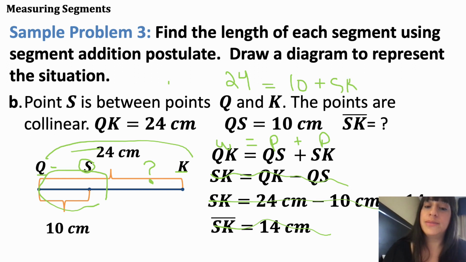And now this becomes an algebra problem, just like you learned last year in Algebra 1. To get the answer for SK, we would subtract 10 from both sides, and that's how we would come up with this answer here. Oops. The SK is equal to 14 centimeters.